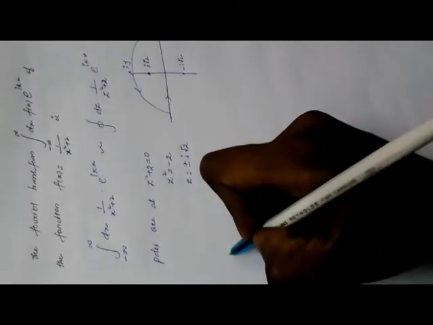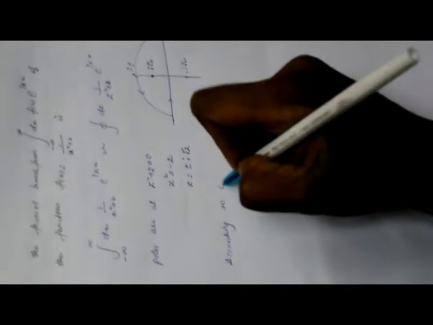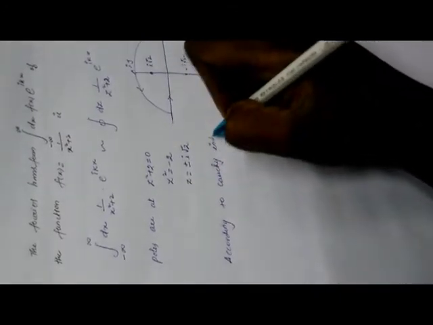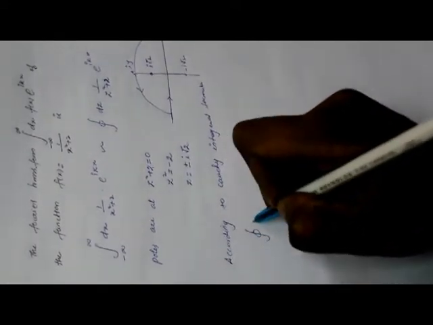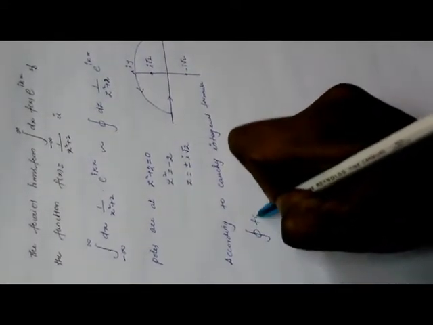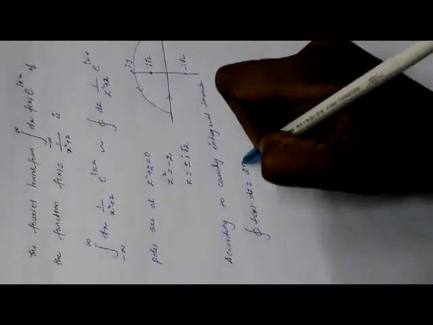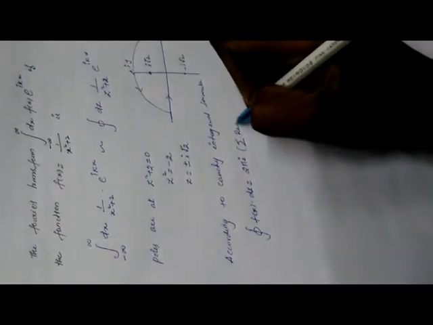We know that according to Cauchy's integral formula, the integral over any closed contour of f of z dz should be equal to 2 pi i times the sum of the residues inside the contour.